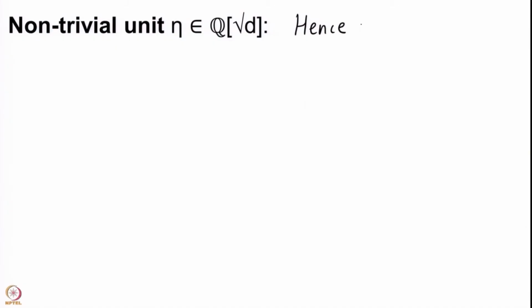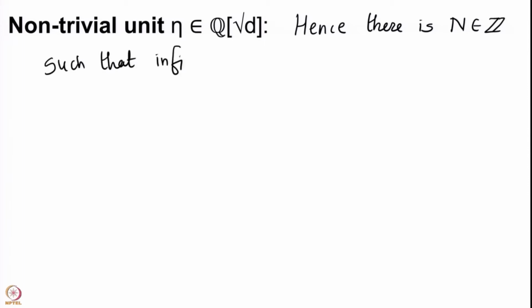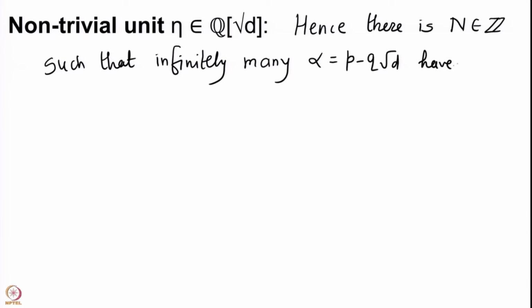Hence there is an integer n such that infinitely many alpha equal to p minus q root D have norm alpha equal to n.